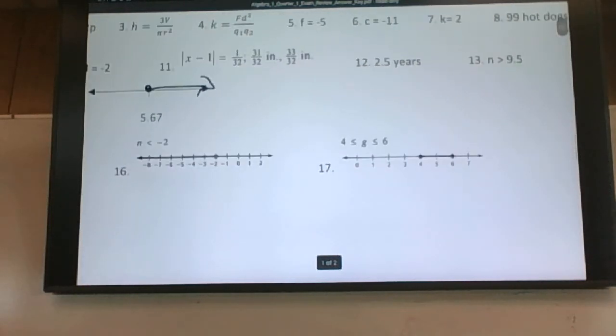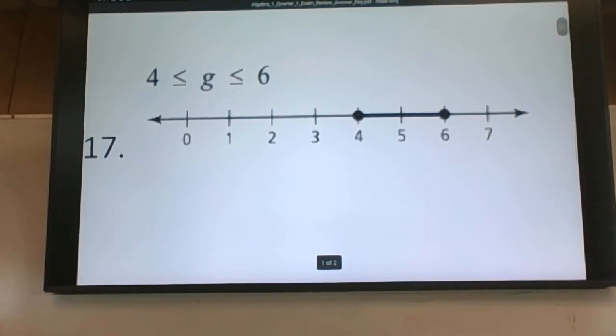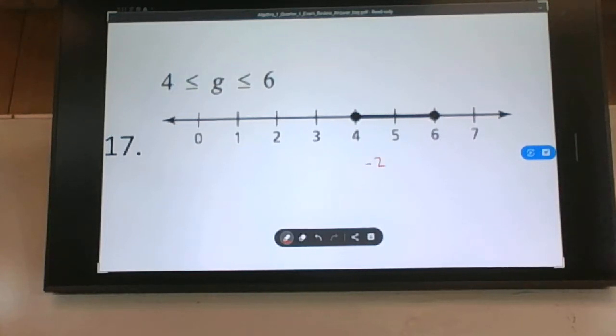Alright, 17. Miss, if you divide by a negative number and the arrow has a line under it, and you turn it back into just an arrow. How did you get 4? It flipped. Can you go over 17? Oh, you do it to all 3 parts.